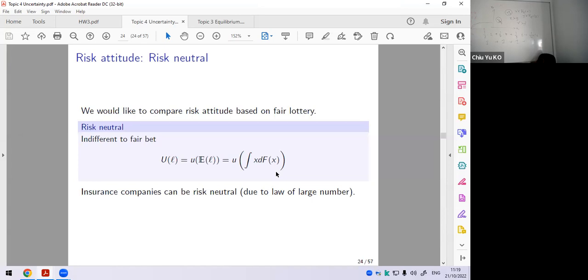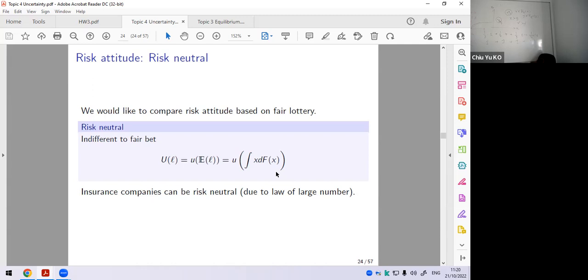The idea is the law of large numbers: if an insurance company does business with many customers, and each customer has a risk, they aggregate the risk, which means that each risk cancels out. So they behave as if they're risk neutral.